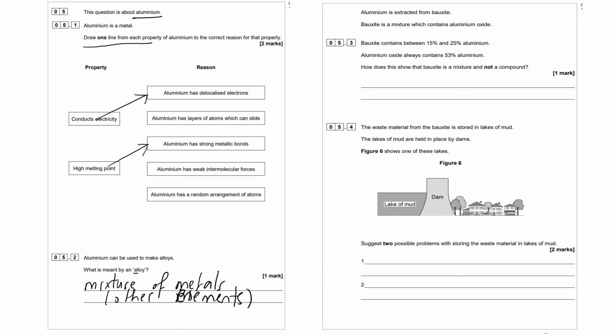Now, aluminium is extracted from bauxite, which is a mixture containing aluminium oxide. It contains 15 to 25% of aluminium. Aluminium oxide contains 53% of aluminium. How does this show that bauxite is a mixture, not a compound? And the answer is, if you look at it, it tells you it contains a variable percentage of aluminium.